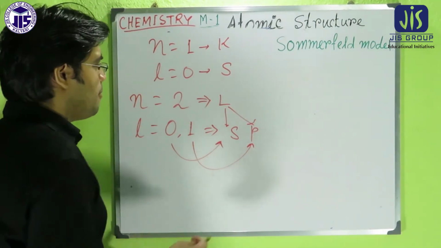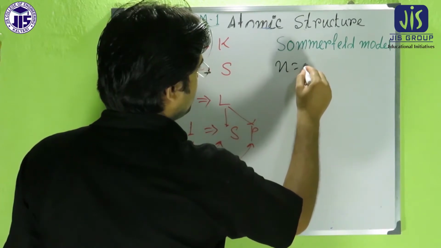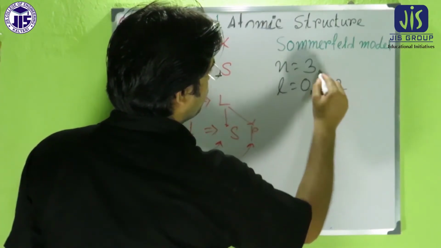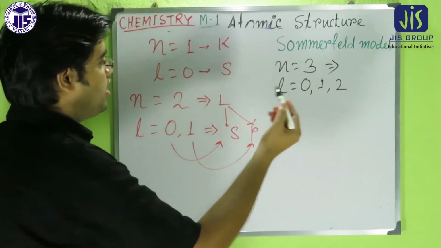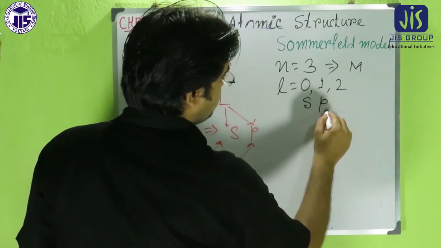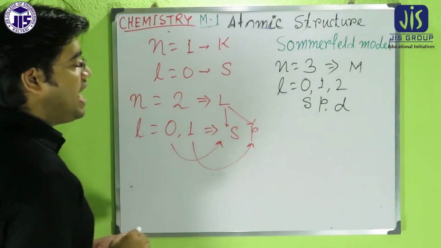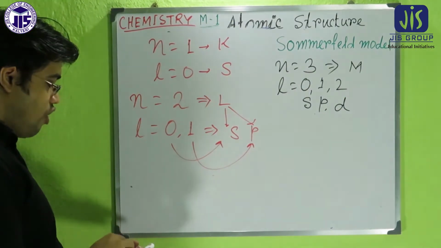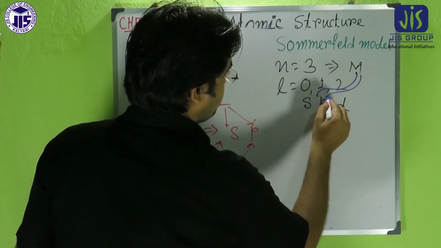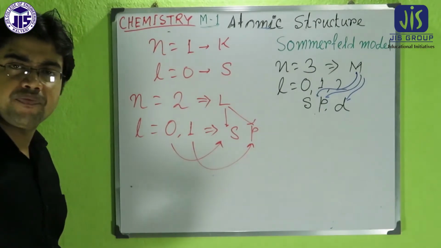In the same way, if n is equal to 3, L will be 0, 1, 2. That means 3 corresponds to M, and here s, p, d, so the M shell is a combination of s, p and d.